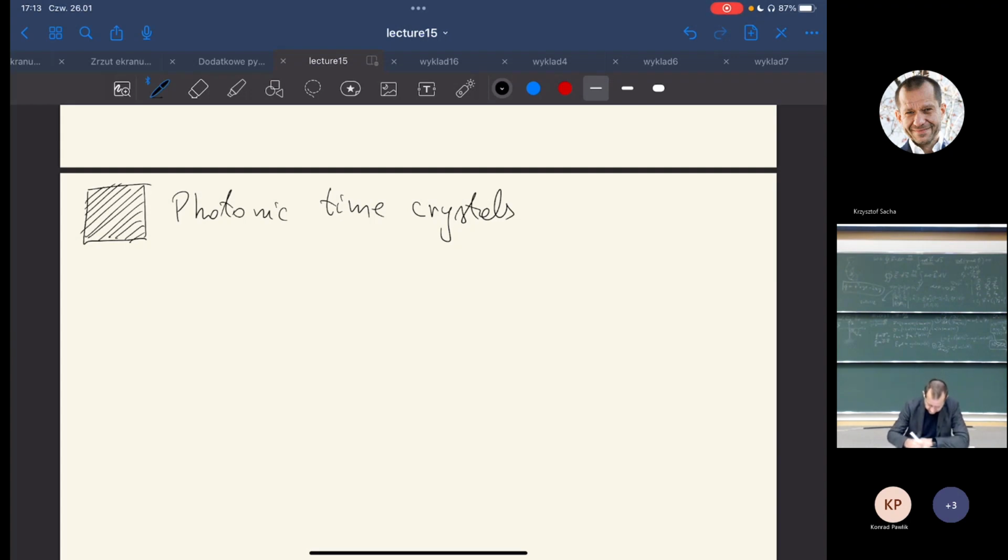And the first publication which I have found concerning this kind of system is by Bianca and co-workers. That was published in Physical Review E in 2007. So this is before the new era of time crystals.